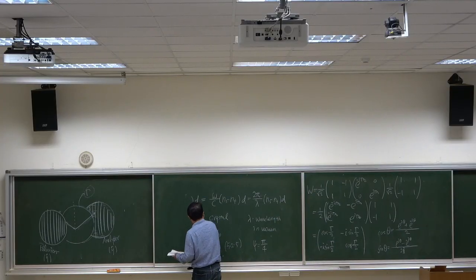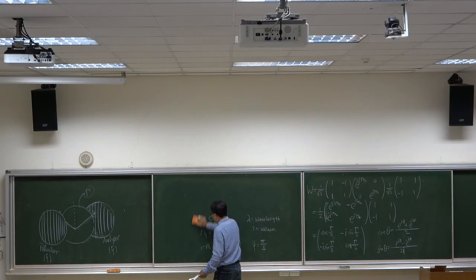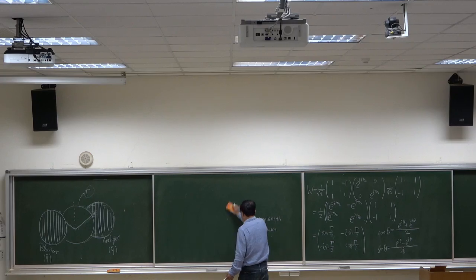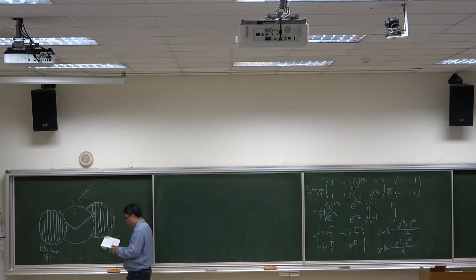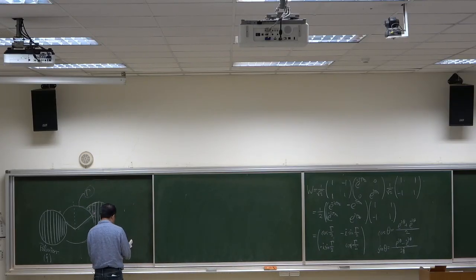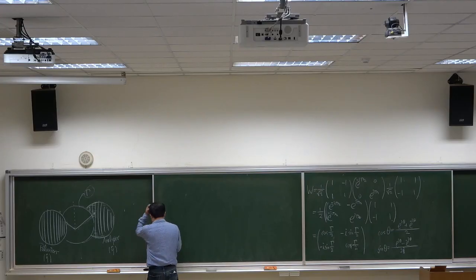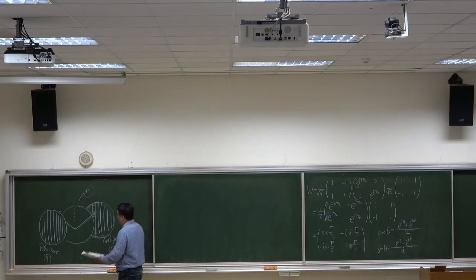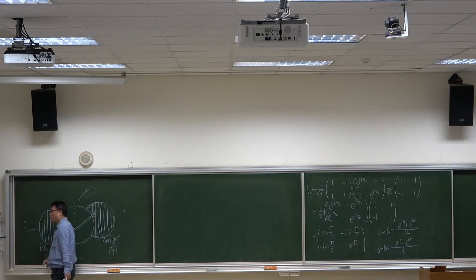transmission. So now we have this W. Then suppose originally we have a beam of unpolarized light.